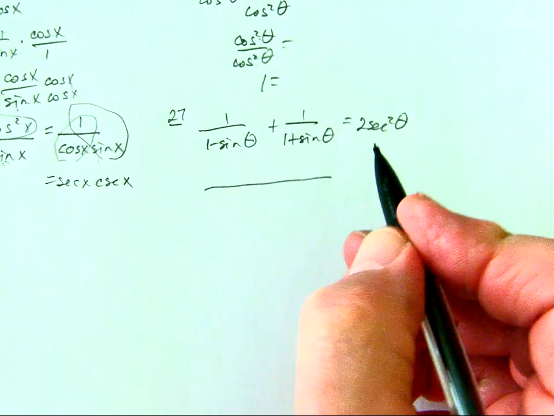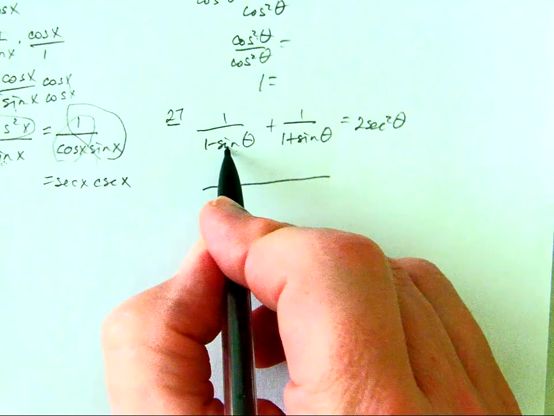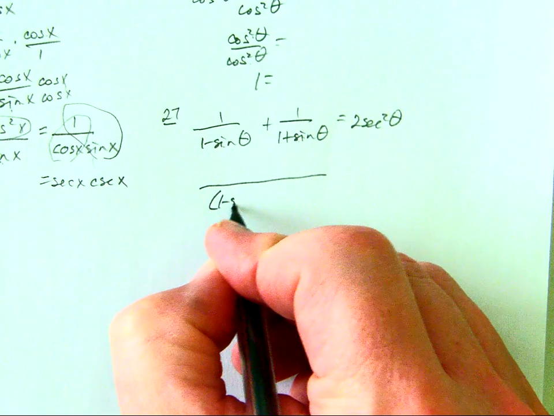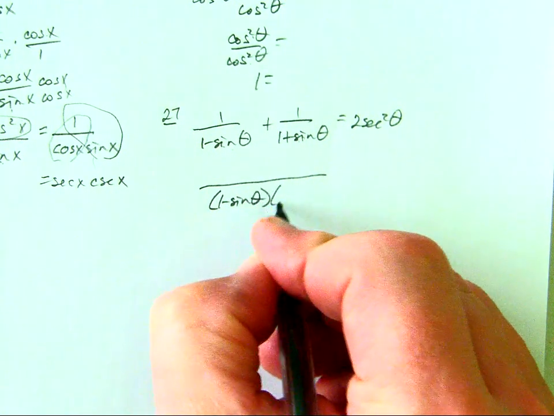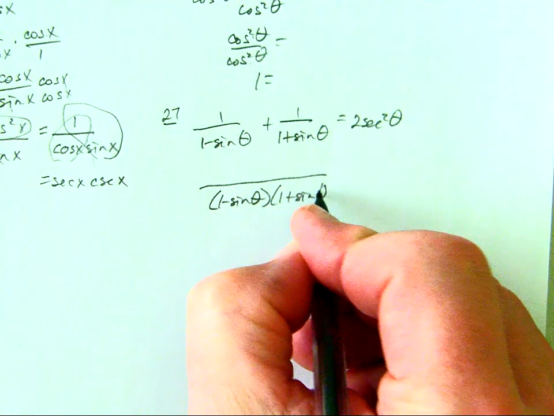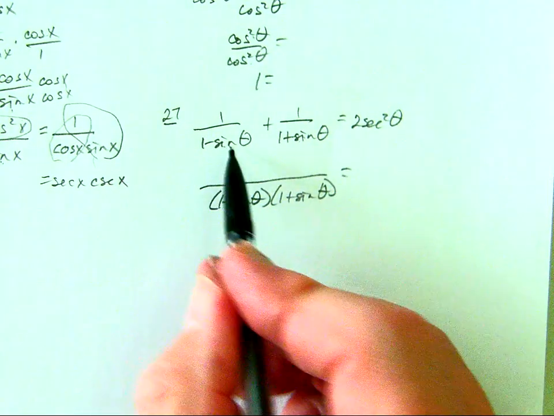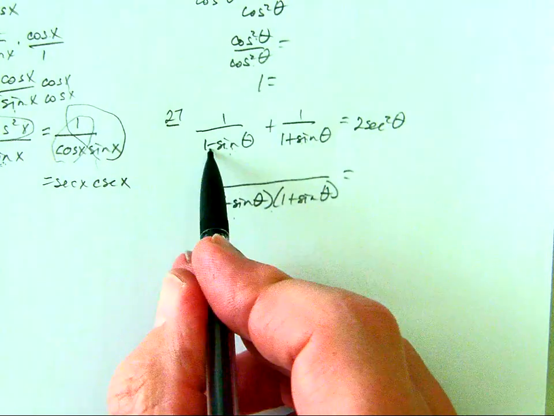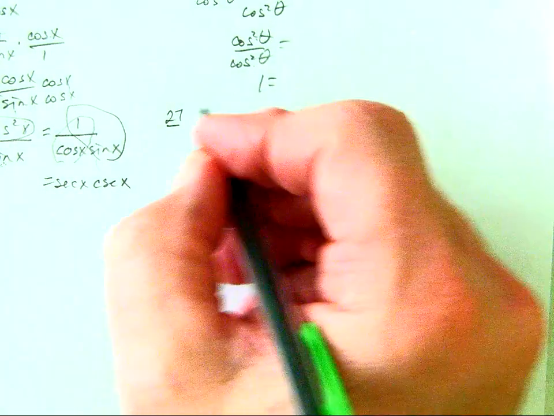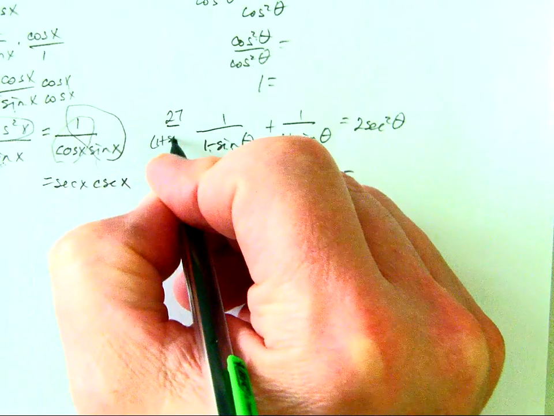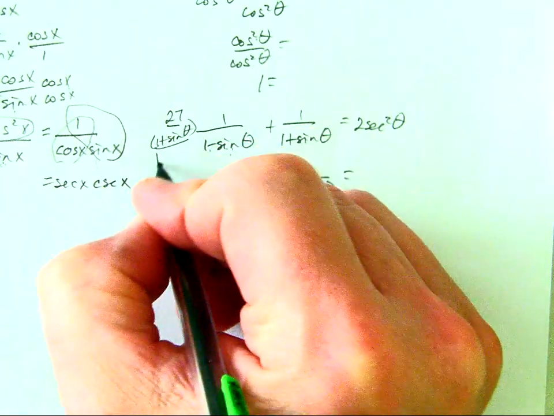Well, to combine them, we need a common denominator. Since they're different, we're going to multiply them together. So 1 minus sine theta times 1 plus sine theta. Well, now this first fraction has a 1 minus sine, but it doesn't have a 1 plus sine. So we're going to multiply top and bottom of this first one times 1 plus sine theta.